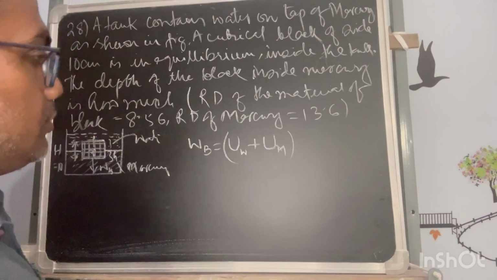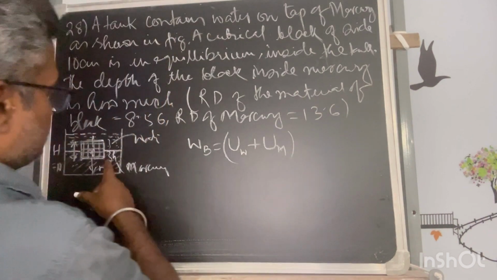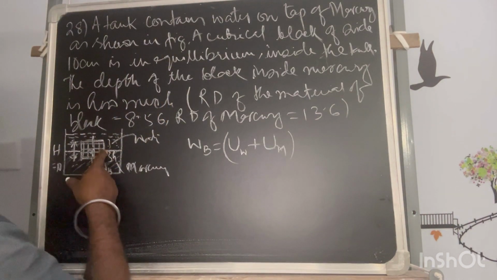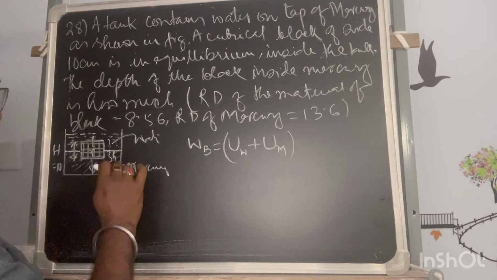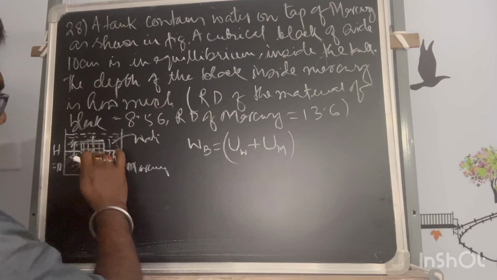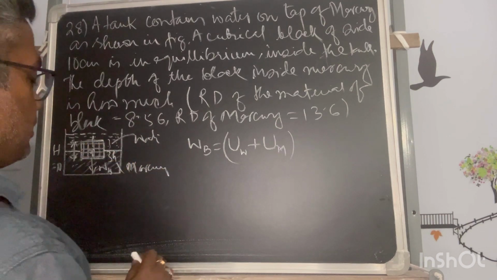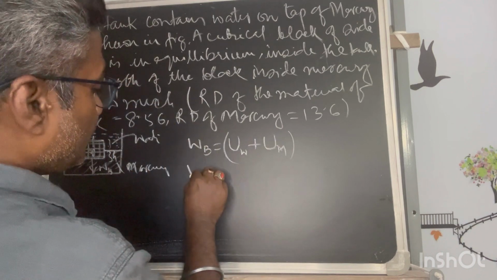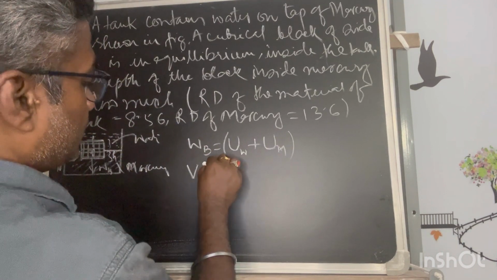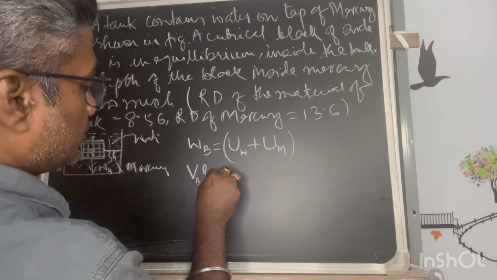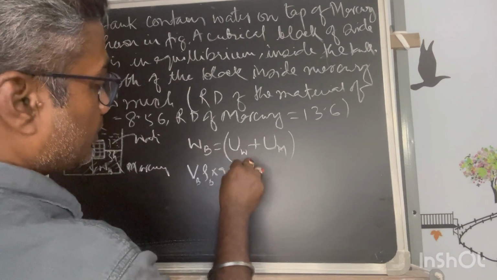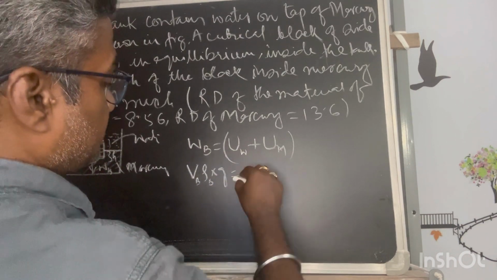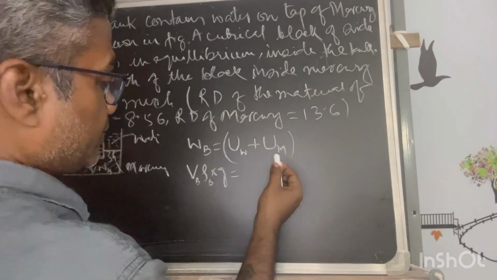Now we have assumed h is the depth to which the block is submerged in the mercury. The weight of the block is the volume of the block times the density of the block into g, which is equal to the upthrust, that is V rho g.